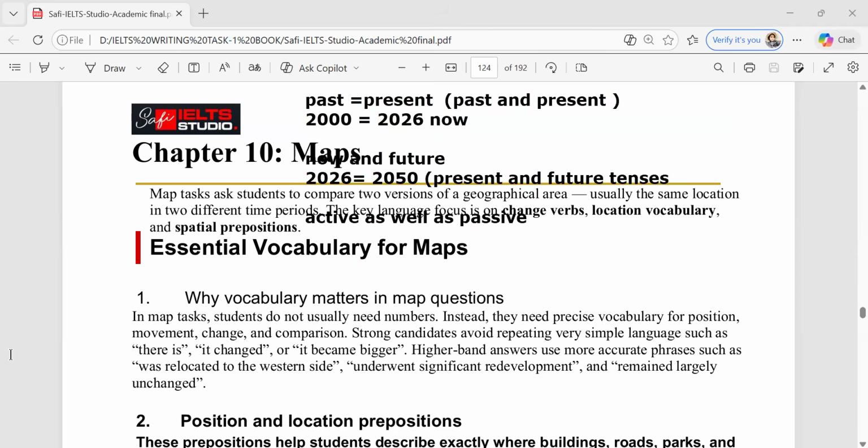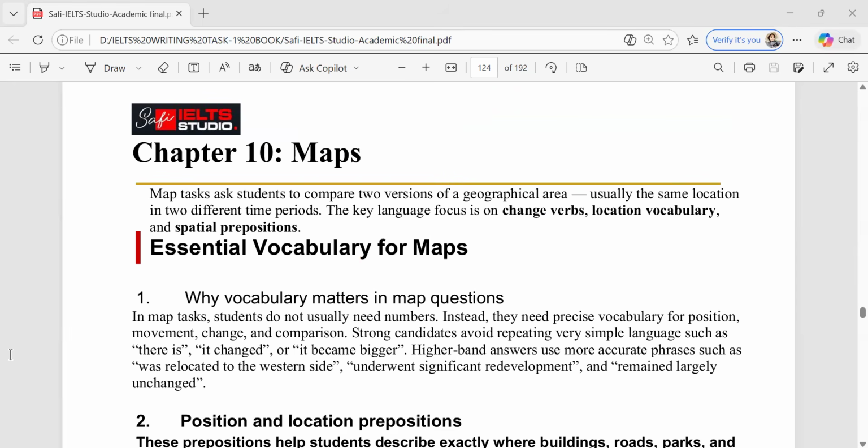Over here, as I mentioned, usually it is the same location in two different time periods. So the key language focus is on change verbs, location verbs or location vocabulary, and there could be prepositions. We will study all of them: verbs, locations, and prepositions, all these three.